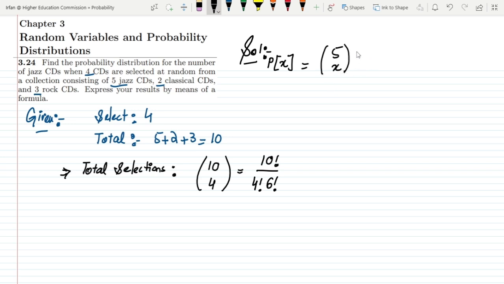When these X are selected, how many are left to select? It would be 4 minus X.